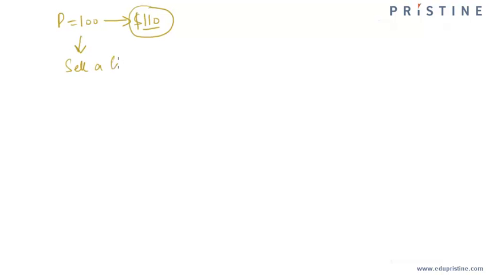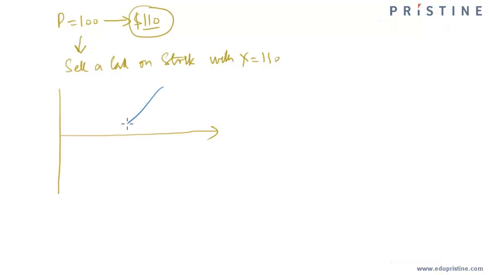Sell a call on the stock with strike price of 110. So suppose you already have a stock, so the payoff of the stock would be something like this, right?